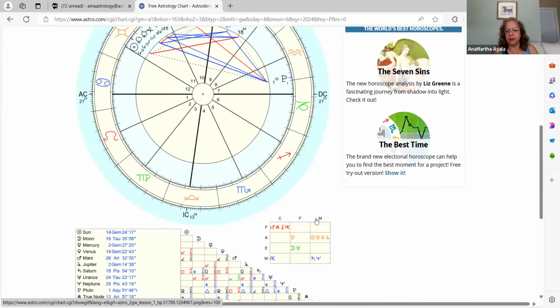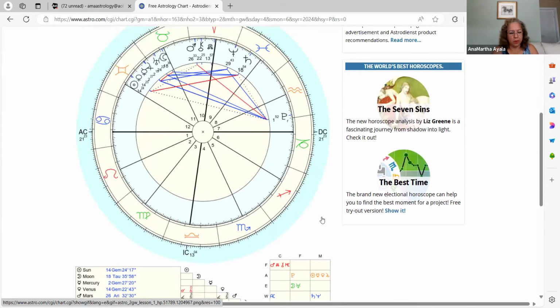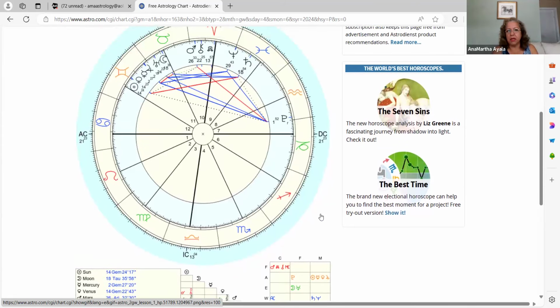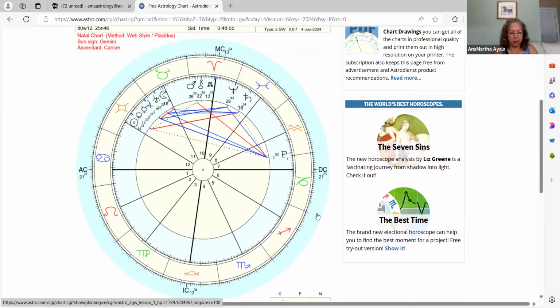Now, mutable signs. Mutable signs basically go with the flow. These people adapt easily to different situations. They're very spontaneous. They're okay with changes. In the perspective of the whole, these signs conclude the seasons and help us transition to the next season.